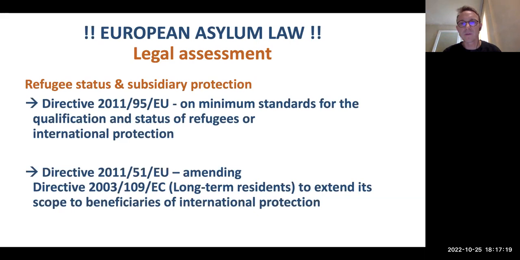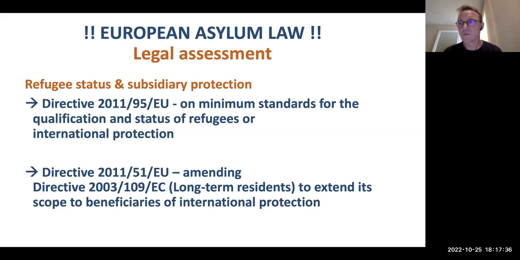This directive, the so-called qualification directive, which is Directive 2011/95 of the EU, also opened up a subsidiary protection scheme, which is a supplement to refugee status.